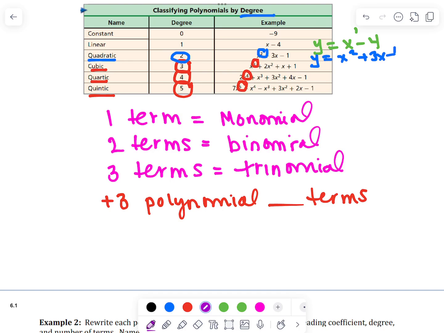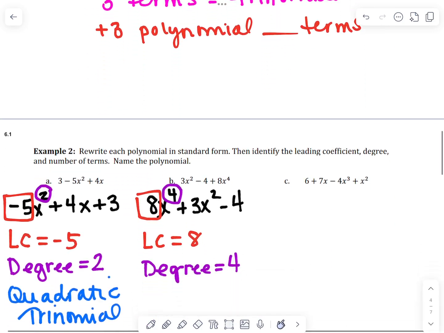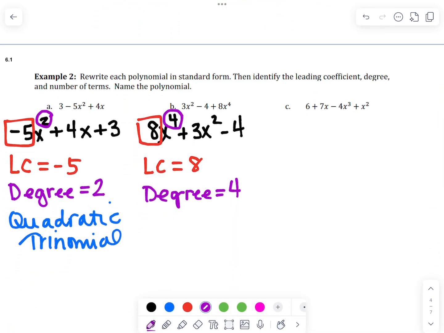The degree is 4, so it's a quartic function. And again, it has 3 terms, 1, 2, 3. So we call that a quartic trinomial.